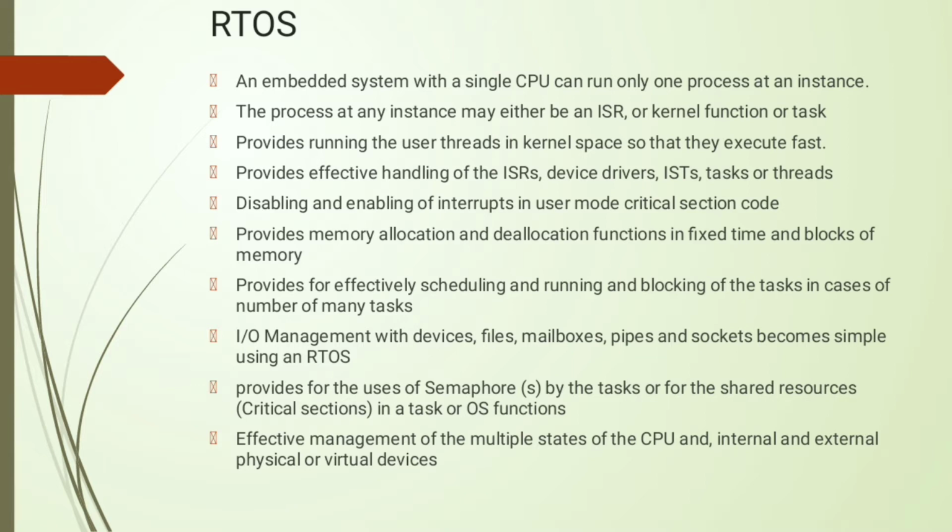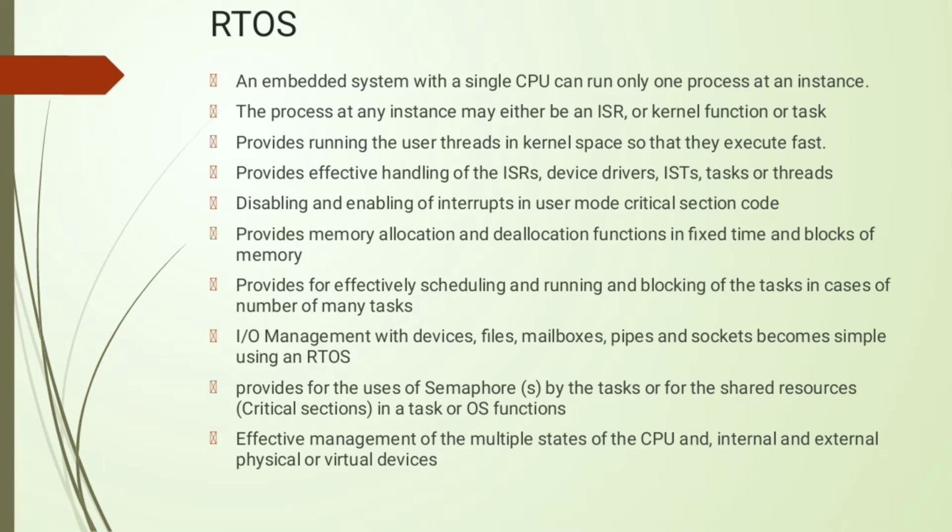The next important advantage is that in the case of an RTOS, the memory management is very effective, because the memory is allocated and deallocated in fixed blocks or fixed partitions of memory. It is allocated to the task on a need basis. That is why we say that the memory allocation is done very effectively.